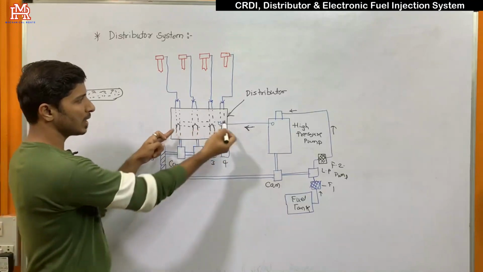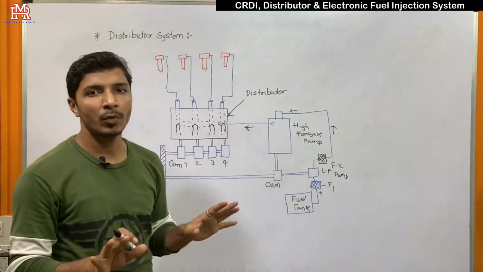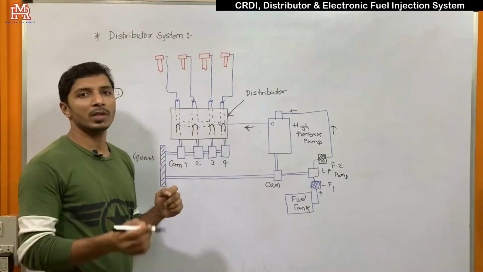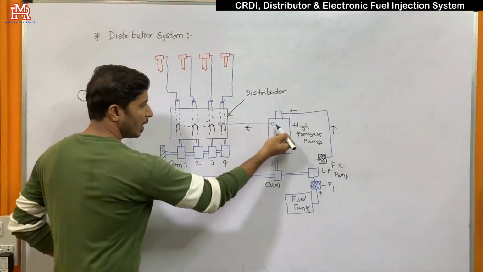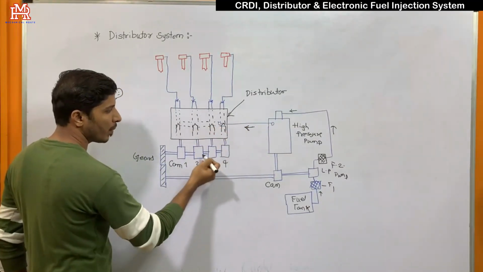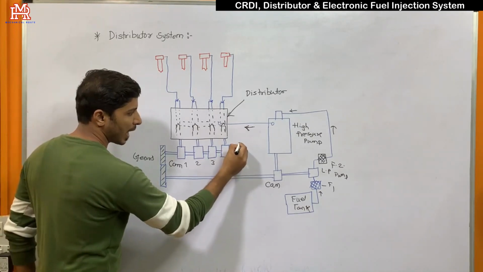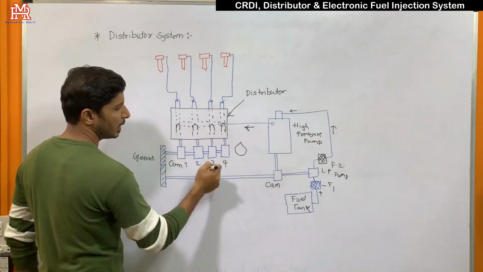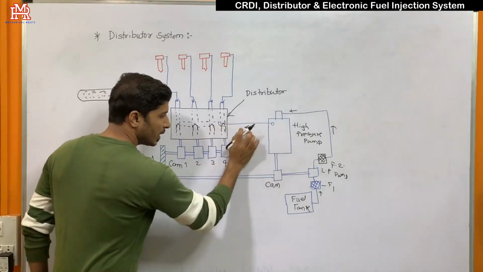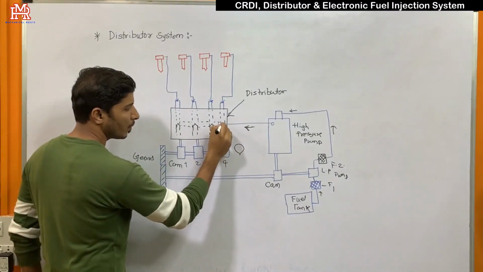So obviously this high pressurized fuel will be transferred to the distributor. The distributor is a single component which houses or accommodates different distribution pipes. So when the fuel comes from this high pressure pump, then according to this movement, if there is an upward movement of this cam, this valve will operate, or if there is a downward movement in this way, then this valve will be opened.